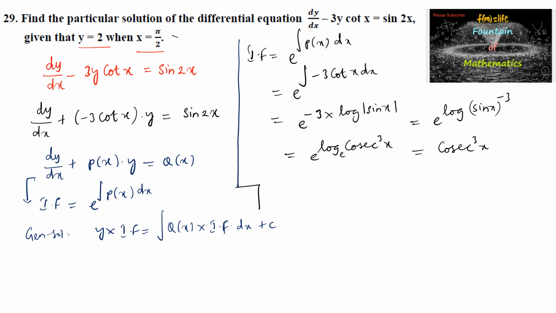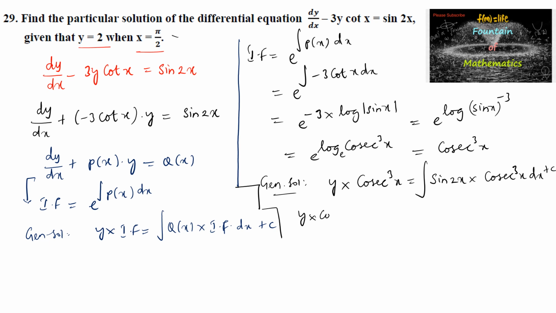And now the general solution: y into the integrating factor, that is cosecant cube x, is equal to the integral of sin 2x into cosecant cube x. Or we can write y into cosecant cube x is equal to the integral of sin 2x, which we can write as 2 sin x into cos x, into 1 by sin cube x dx plus c.